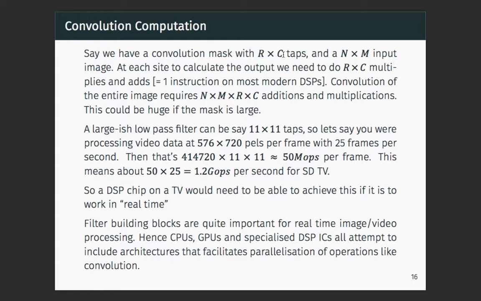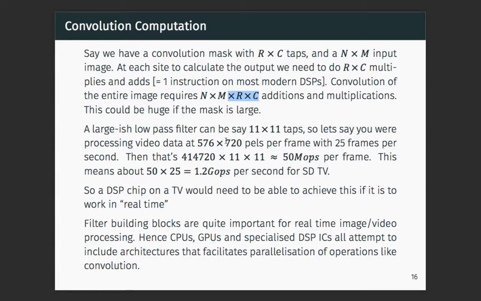Then the number of operations you have to do is basically the number of pixels times the number of elements in your mask. And that can quickly become quite large.